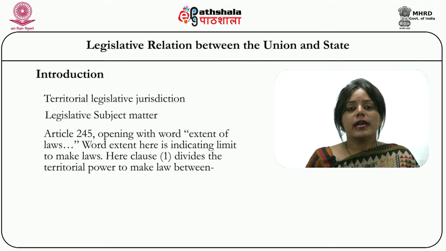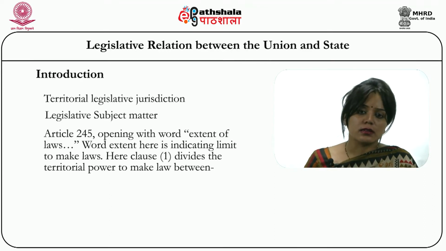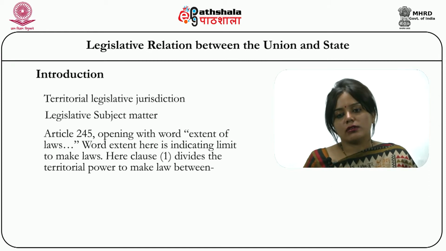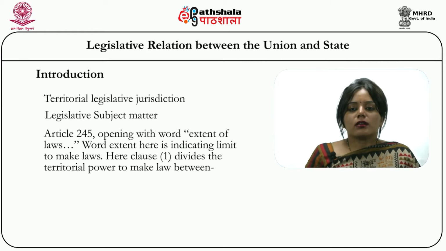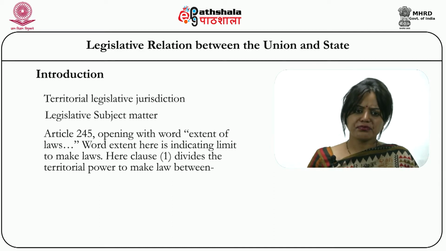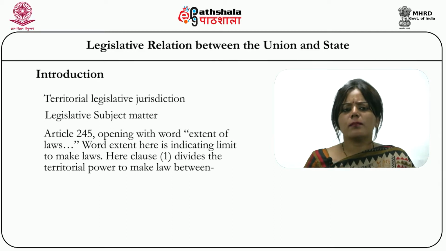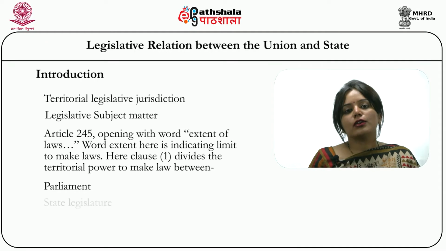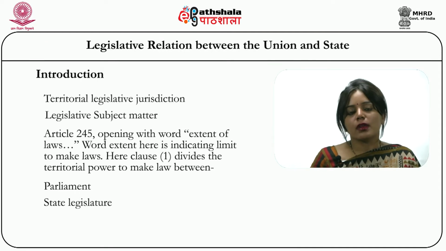The word extent here indicates the limit to make laws. Here clause 1 of Article 245 divides the territorial power to make law between the Parliament and, of course, the state legislature.